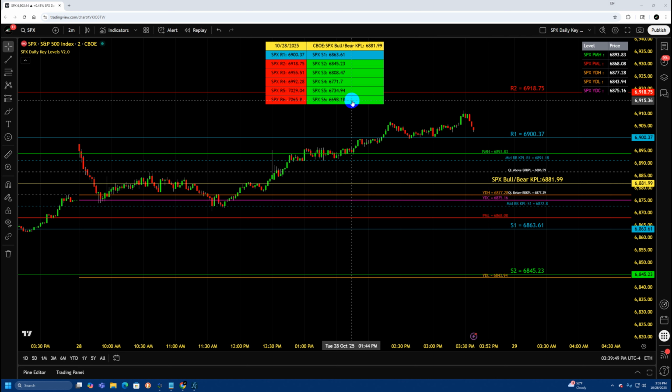We also look at the range generally of the entire session, as well as trying to get an idea from historical sessions of other levels that consistently provide either a bullish or bearish opportunity that you can take trades off of besides the bull bear key price level.